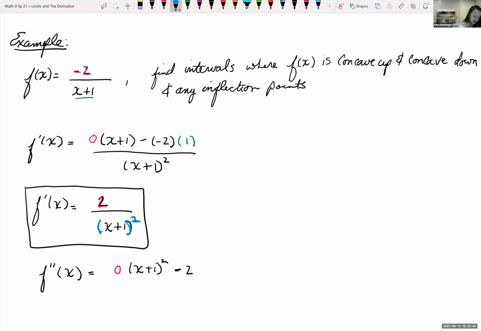So the derivative of the outer, bringing down the power, 2 times the inner, so keep it the same, x plus 1. Subtract 1 from our power, we just get 1, all times the derivative of the inside. And the derivative of the inside, x plus 1, the derivative of the x is 1. And then this is all over x plus 1 quantity squared, but now that's squared.